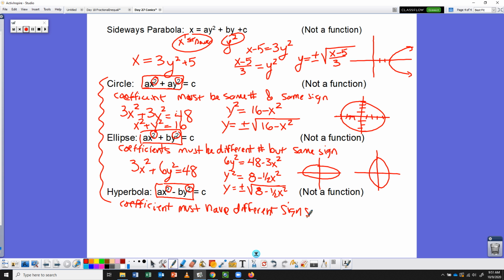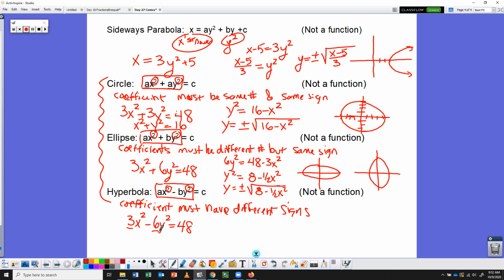They might even be the same number. But if they're different signs, when you get them on the same side of the equation, then that's a hyperbola. So an example of that might be something like 3x squared minus 6y squared equals 48. So in this case, I have different numbers and different signs. But even if that 6 was a 3, if they're different signs, it's a hyperbola.